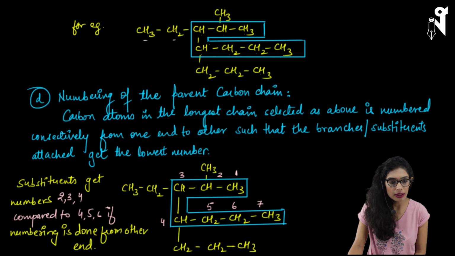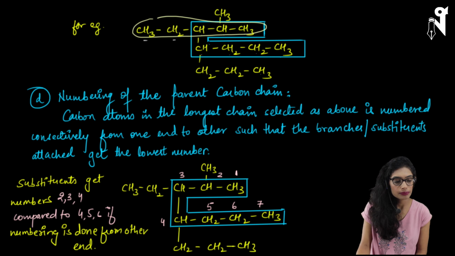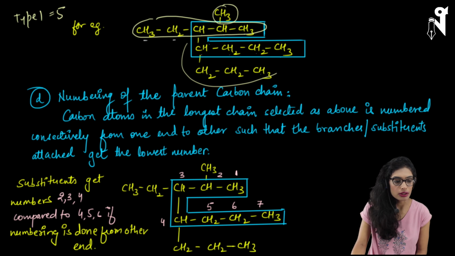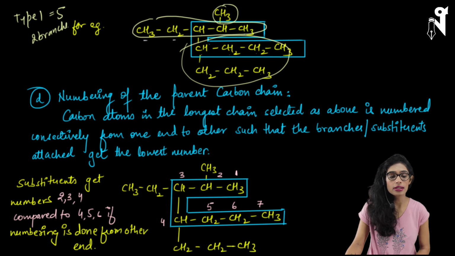So if I'm marking this chain, this is type 1. How many carbons am I getting? 1, 2, 3, 4, 5. 5 carbons. And branches, one branch over here and the rest over here. So two branches. 5 carbons, two branches. This is type 1.